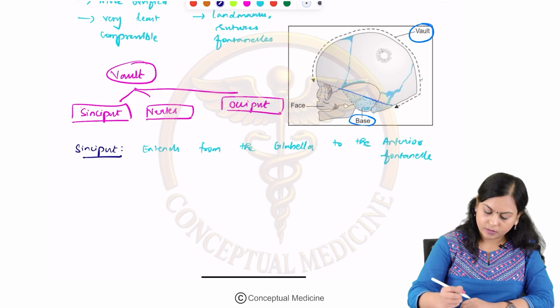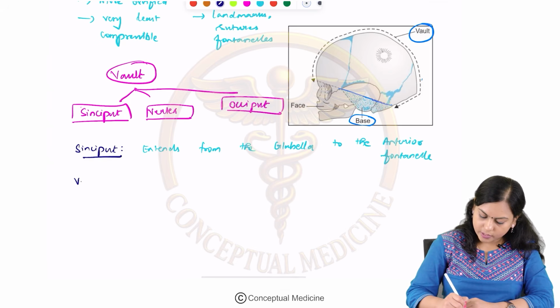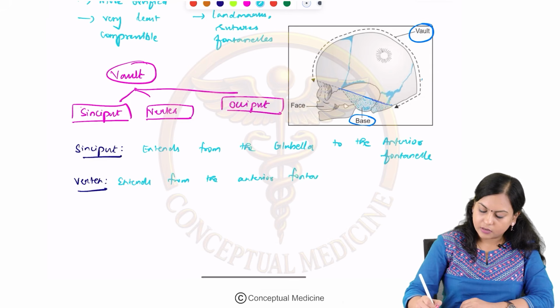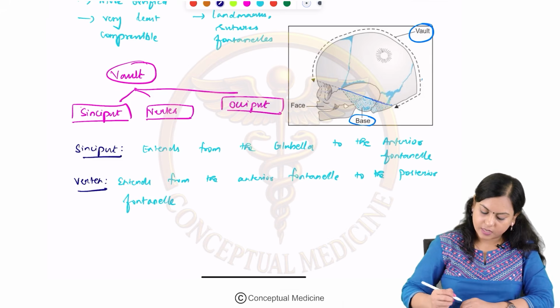Now, what is vertex? Vertex extends from the anterior fontanelle to the posterior fontanelle.